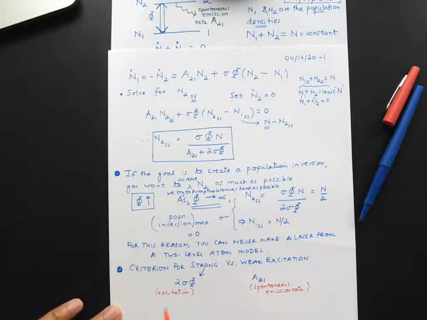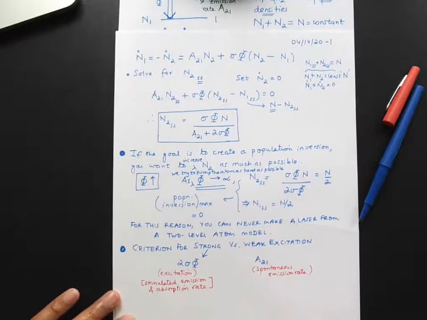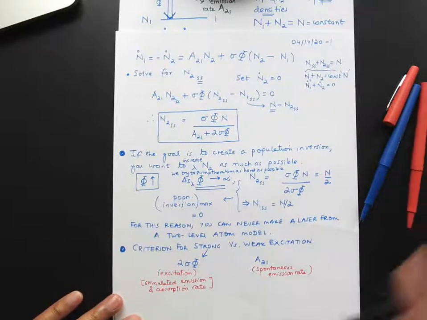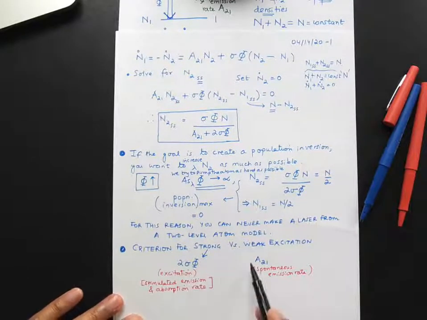When we say excitation, this means the stimulated emission and absorption. So this tells me a criterion where if this is much greater than that, that's strong excitation. If it's much weaker than the spontaneous emission rate, it's weak excitation.